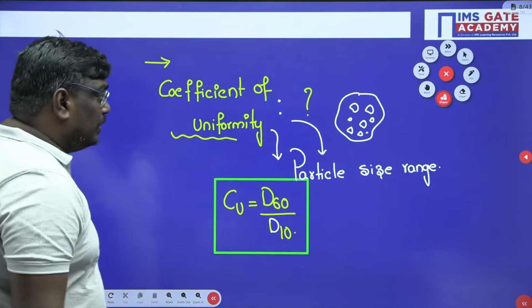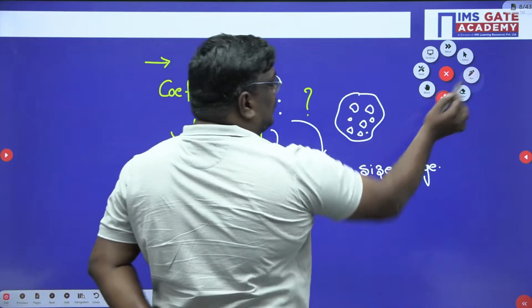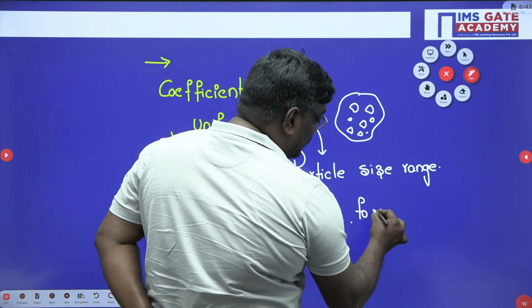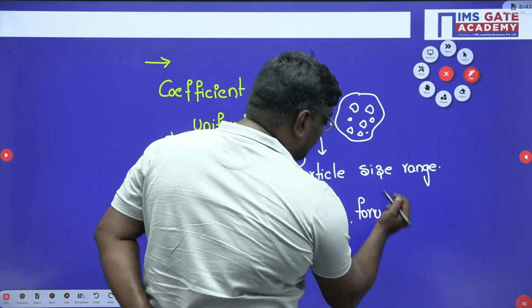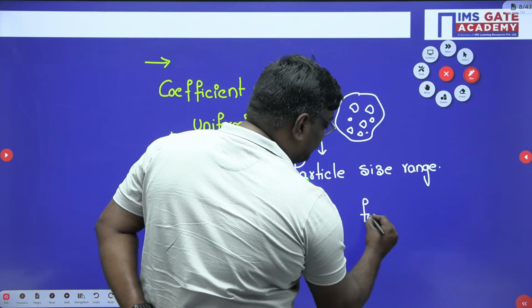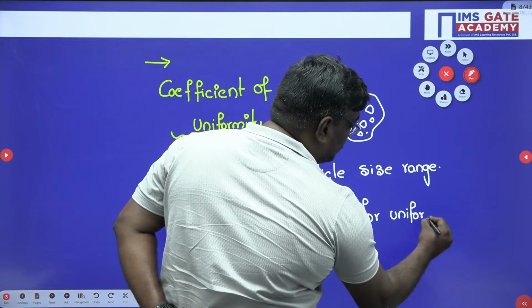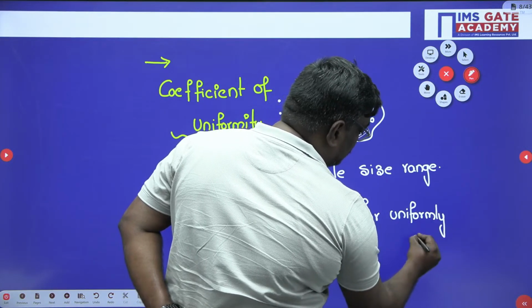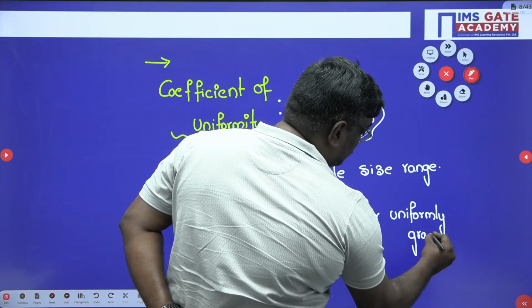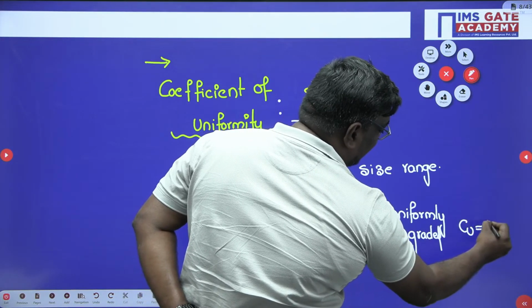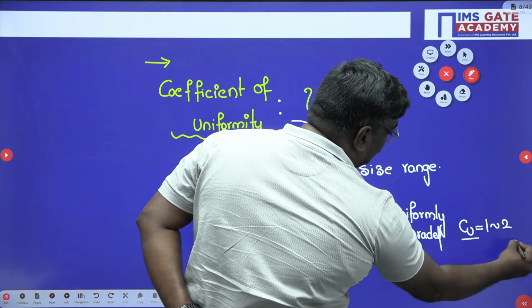Now my dear students, for uniformly graded soils, coefficient of uniformity lies between 1 to 2.